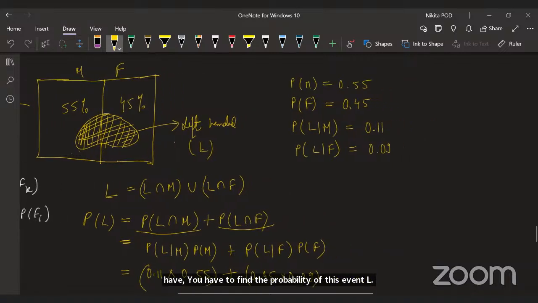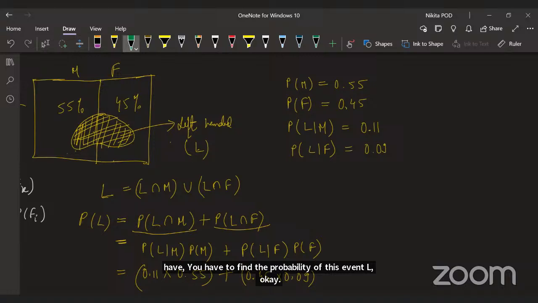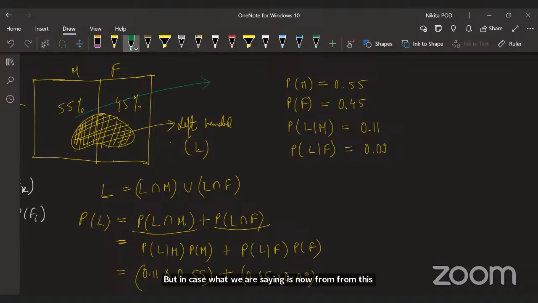But in case we are selecting one person from this population, you have to find the probability that this selected person is a male, given that you have observed that the person is left-handed.